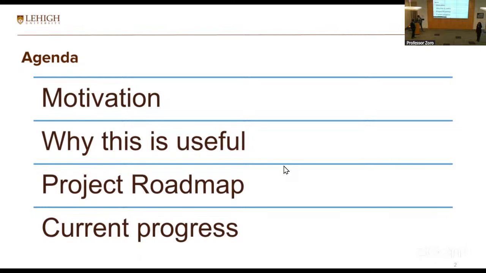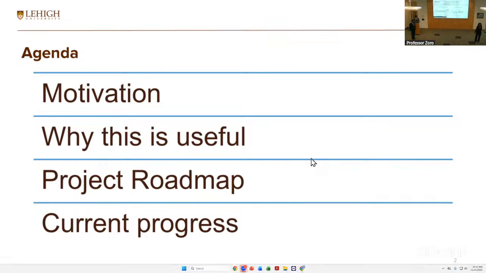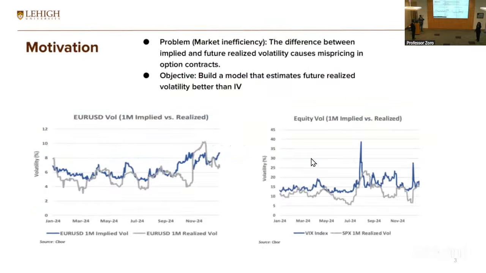All right. On the agenda today, we have motivation, why this is useful, our project roadmap, and current progress. So you might ask yourself, what is realized volatility versus implied volatility? Realized volatility is essentially backward-looking, and implied volatility is forward-looking.